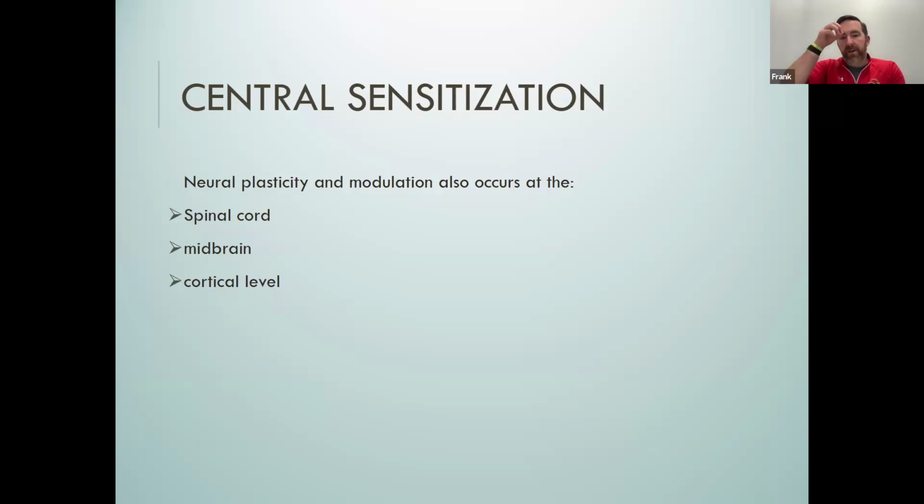One of the things I think it's important to consider is that, at least for me, when I was going through school and first out of school, I was taught about central sensitization, and in my head I had this picture that maybe we all had, which is the stereotypical patient: 40, 50 years old, has had back pain for 5 years, maybe out on disability, super high fear avoidance beliefs, catastrophizing.